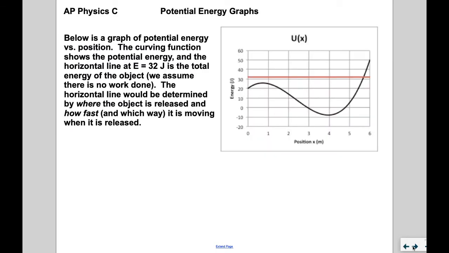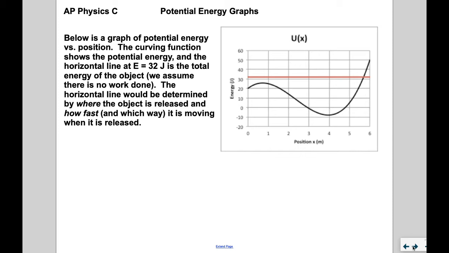So what we see here is a graph of potential energy versus position. We see energy in joules on the left axis and position in meters on the horizontal axis.